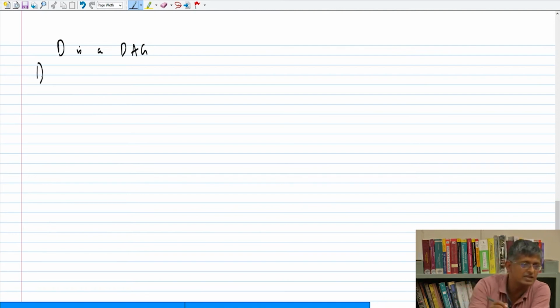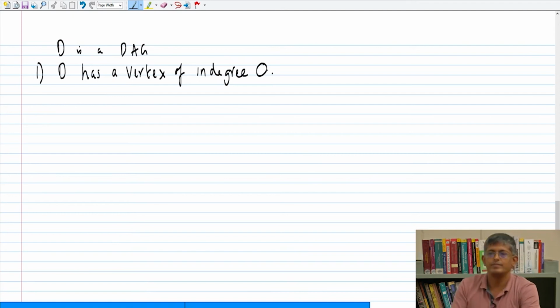The first observation is that D has a vertex of in degree 0. This is something that I pointed out yesterday, and today Meghna also pointed this out. If every vertex has an in degree, then the graph must actually have a cycle. Therefore, it's a contradiction that it's a DAG. Therefore, there must be a vertex of in degree 0.